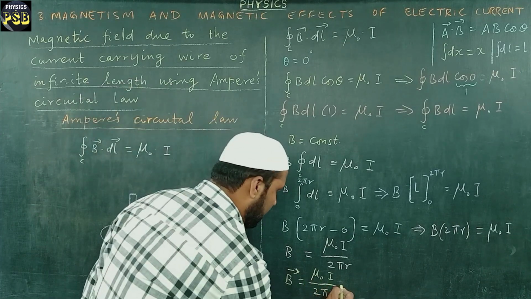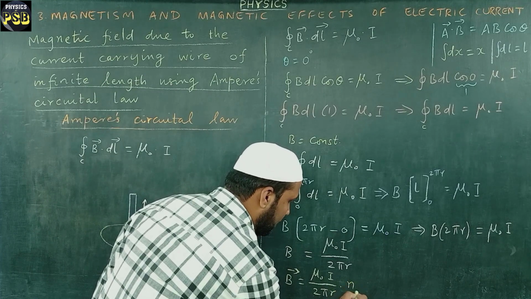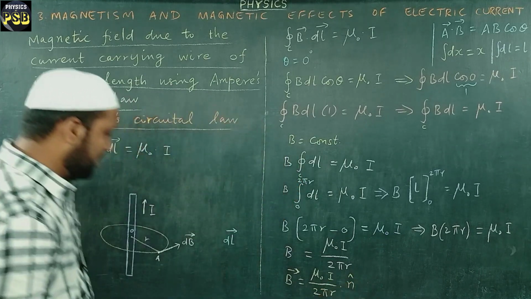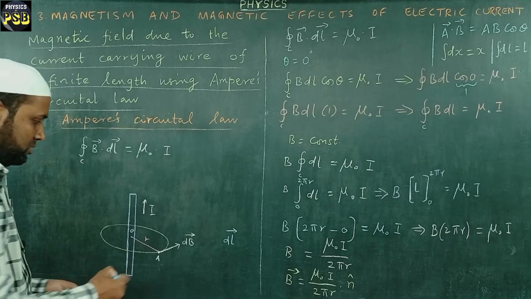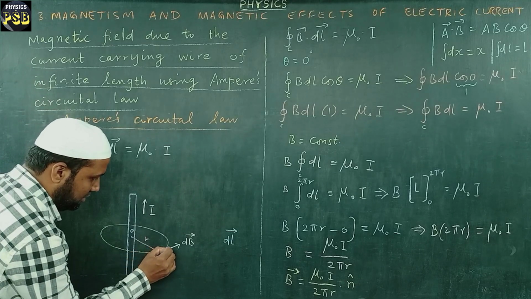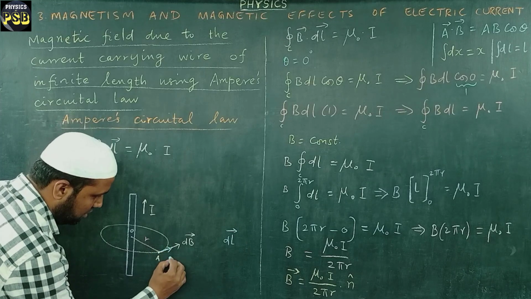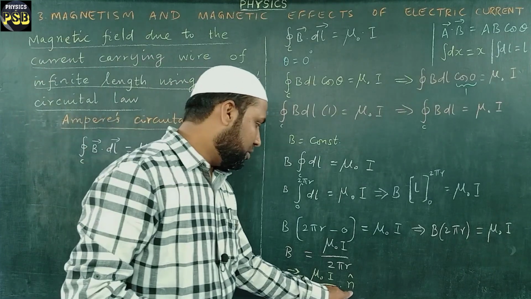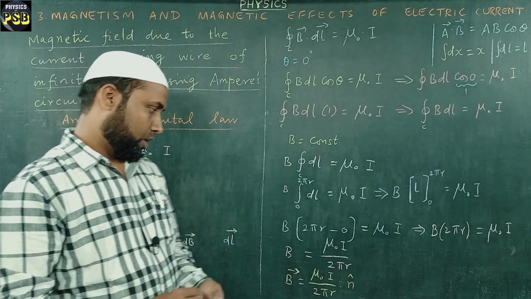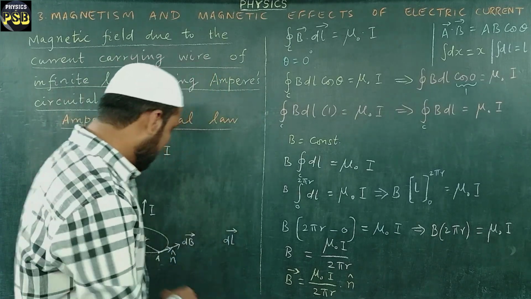Then here I include a unit vector. This is n cap. Here n cap is the unit vector which acts along the tangent. I repeat, here n cap is nothing but the unit vector acting along the tangent.